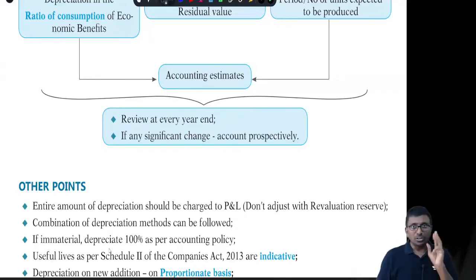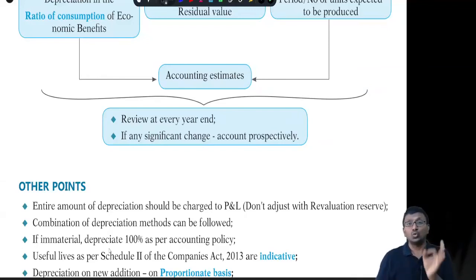Next, Schedule 2 of the Companies Act gives you the lives of the assets. Whatever numbers they have given, those are indicative information. That is not mandatory for the company to follow. Next point. Suppose the company takes it as an accounting policy that up to 10,000 rupees of any fixed PPE, we would like to charge it off 100% in the first year itself.